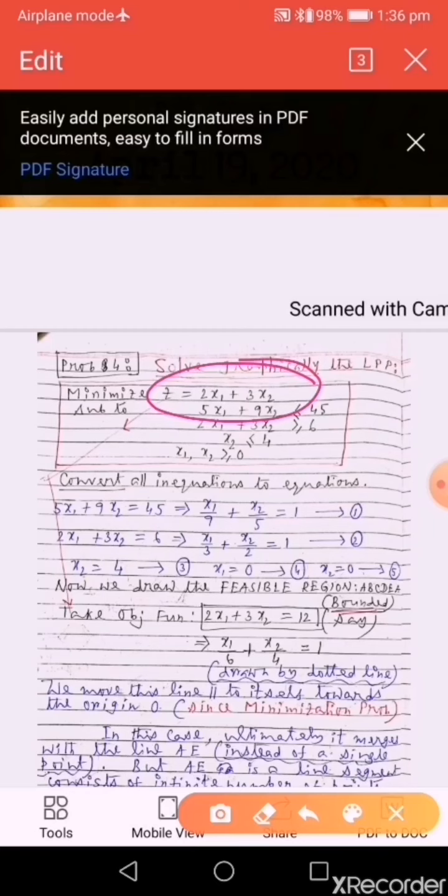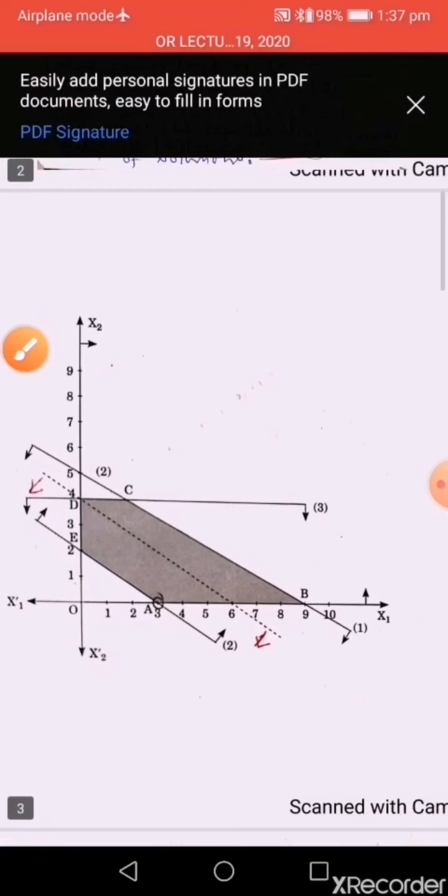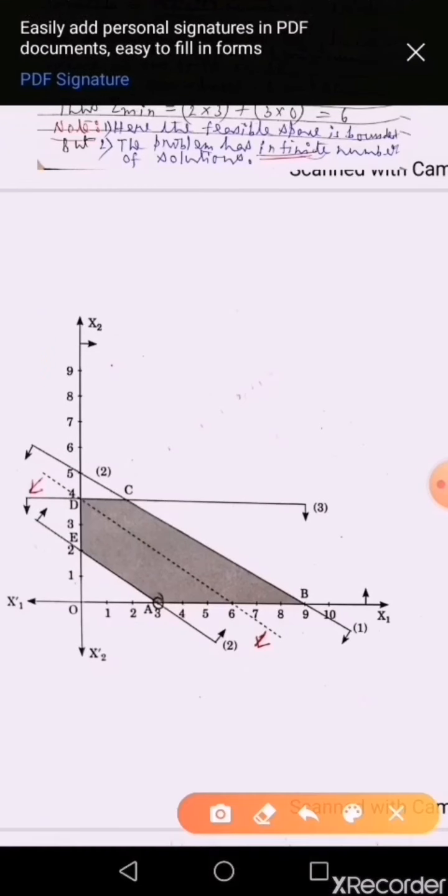For simplicity, we have considered z is equal to 12, which converts the equation to x1 by 6 plus x2 by 4 is equal to 1. We plot this equation by a dotted line so that it passes through the feasible region.